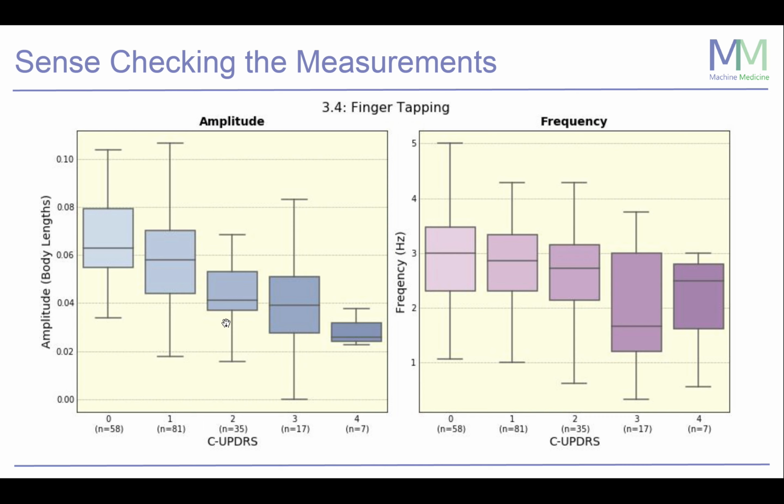And those people who score a 1 have a higher amplitude than those who score a 2, and 3 and 4 and so on and so forth. Exactly what we would see. And again, with frequency, we see a trend in the means, perhaps not quite so persuasive as with amplitude, but overall a downward trend going from mild disease to severe disease.